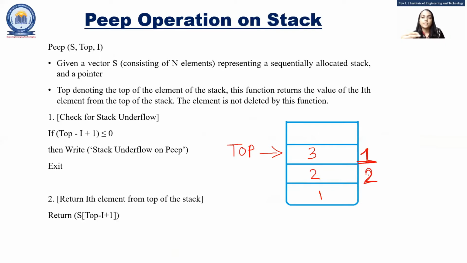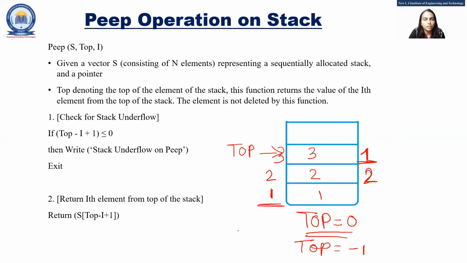It is the second element from the top, whereas with respect to the algorithm, indexing starts from 1 if we consider top equal to 0. Students, there could be two scenarios where we can have top equal to 0 or top equal to minus 1. Accordingly, if top is equal to 0, the first element would start from 1. If we consider while implementation top is equal to minus 1, the first element starts with 0.